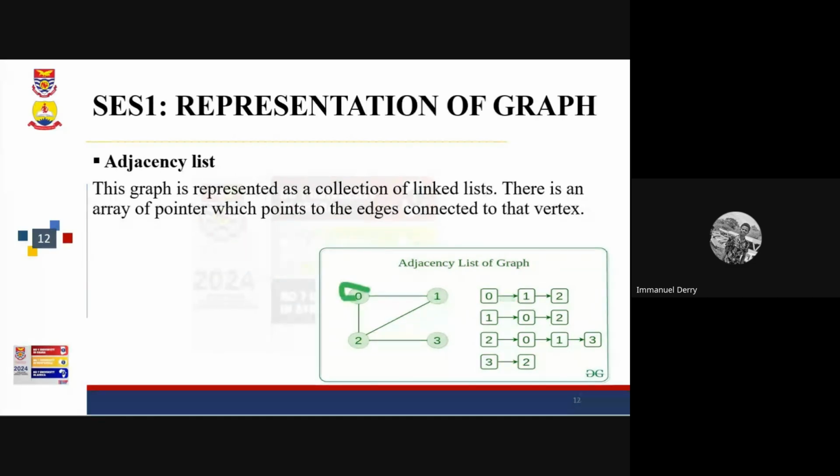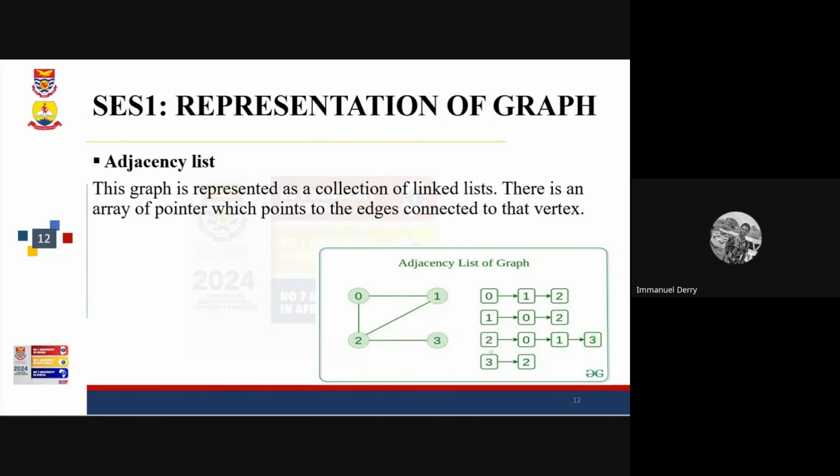So from vertex 0, we have a connection to 1 and then also to 2. And from 1, we have 0, and then we have 2. And from vertex 2, we can move to vertex 0, vertex 1, and then vertex 3.